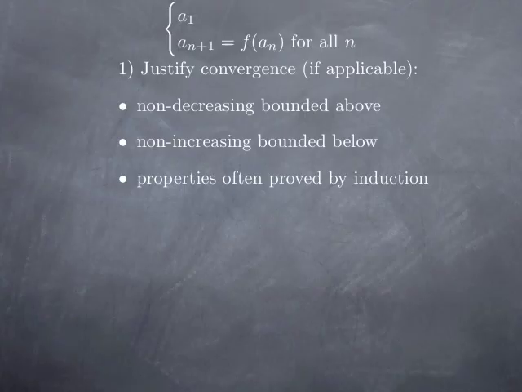And these properties are often proved by induction. We discussed how to prove things by induction in the previous video, and we're going to see more examples in this video. Once we have justified convergence, we know that a limit exists.